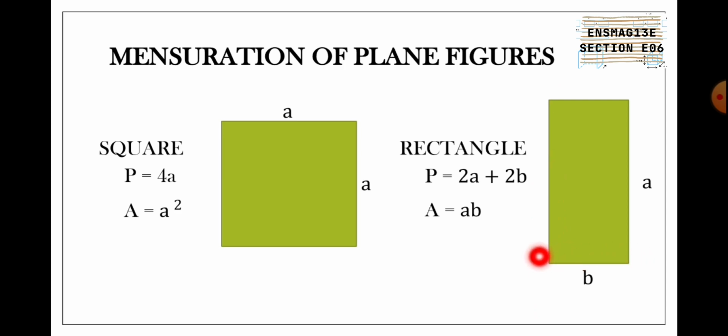To determine the perimeter of our rectangle, we simply sum up the two parallel sides a and the two parallel sides b, giving us the formula perimeter equals 2a plus 2b. For the value of its area, we simply multiply a and b.